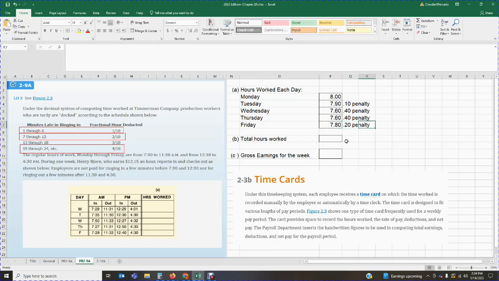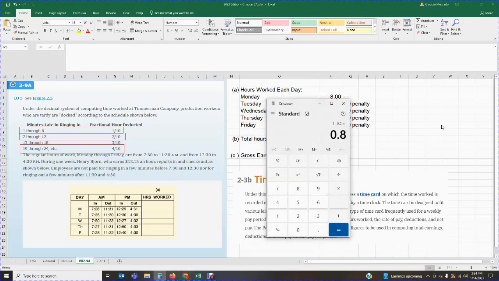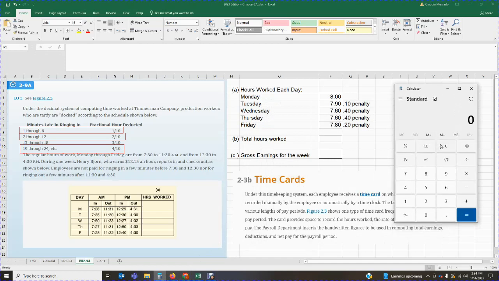Okay? So now that we have the total hours that Henry worked every day, deducting the penalties for being late, how many hours did he work? So we're going to get our calculator out.